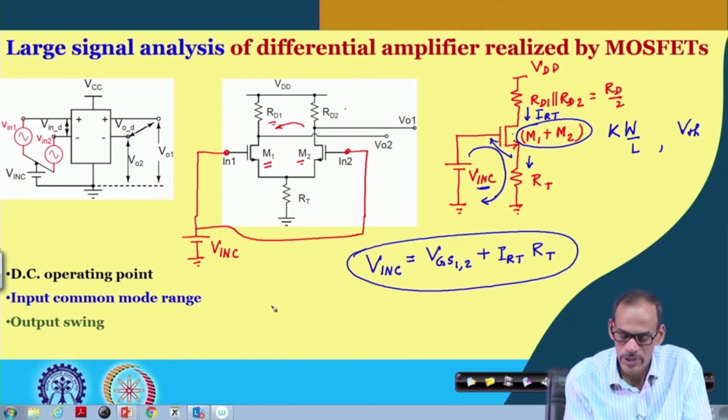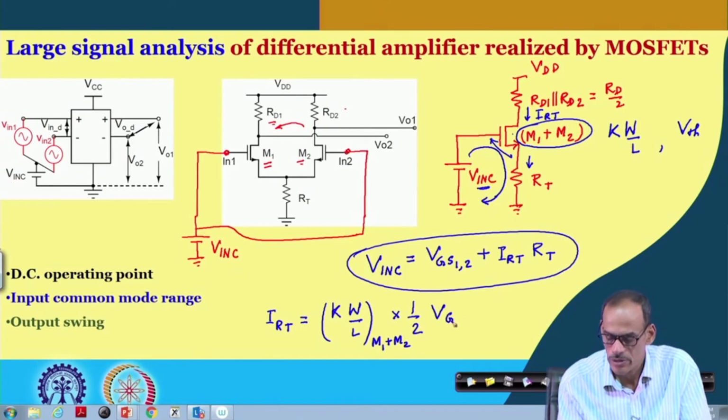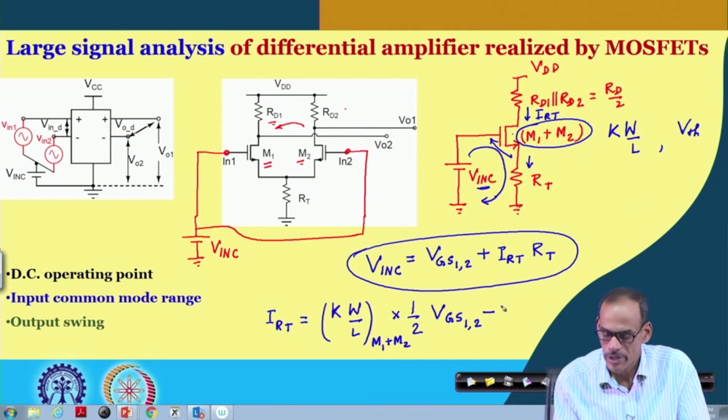Another equation we can get is that I R T should be equal to this K W by L, the combined transistors M1 plus M2 together, multiplied by half, and then the corresponding VGS of transistor 1 or 2 minus VTH square.